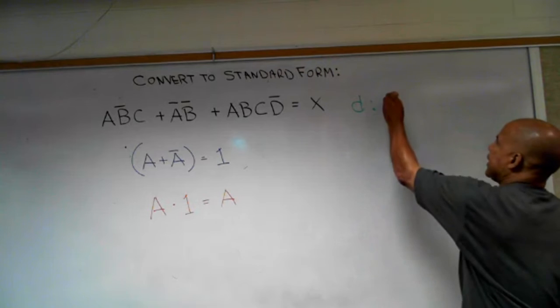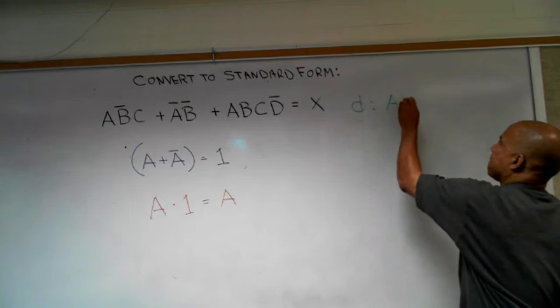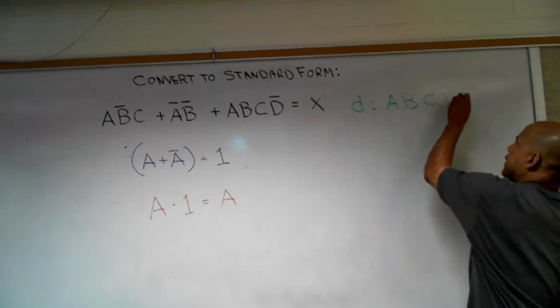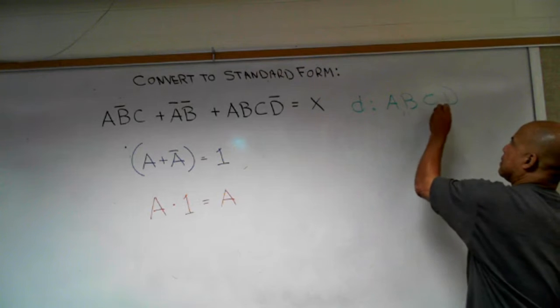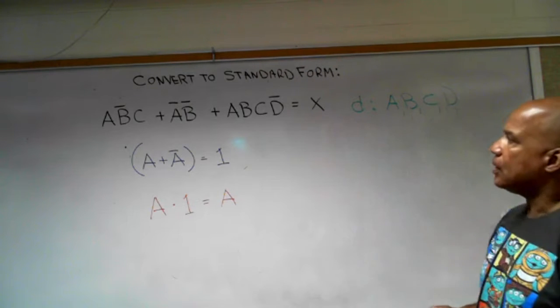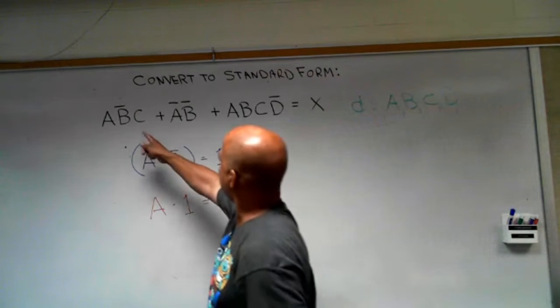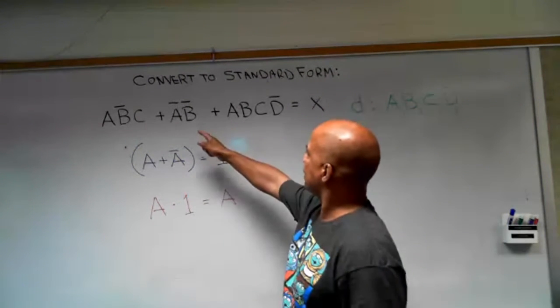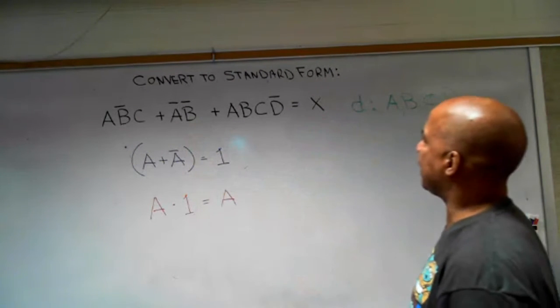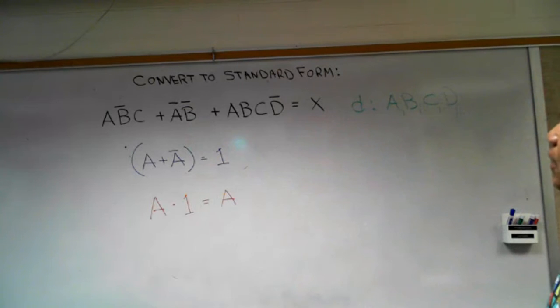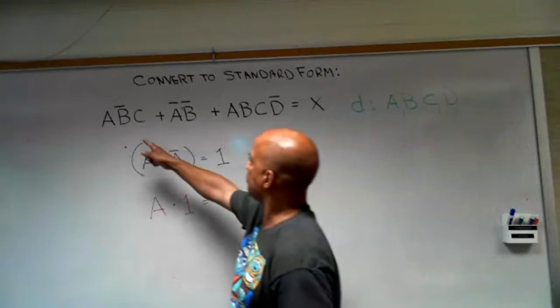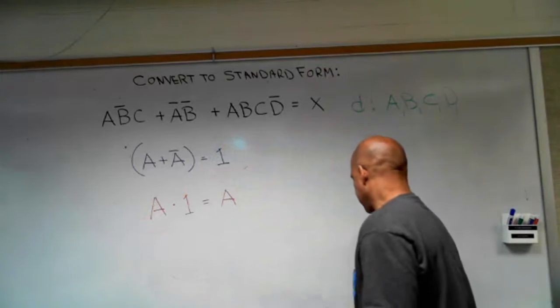I see the domain here is A, B, C, and there's a D. And I see this is non-standard because I'm missing the D from here, and I'm missing a C and a D from that term. So I have a non-standard SOP that I want to convert to a standard SOP. I'm going to start with this term, so I'll write that out.